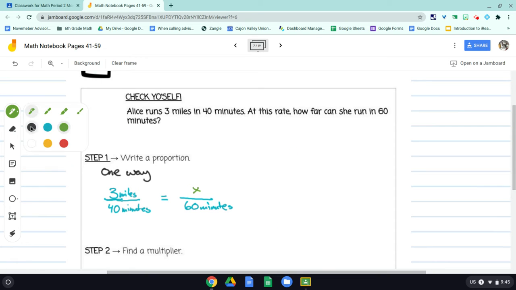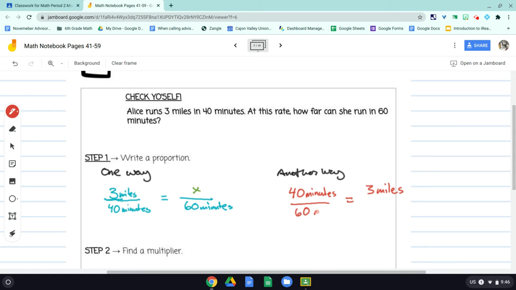Another way of doing the same exact proportion, writing this the same way to get the same answer, you could write it like this. You could say that she ran, let's do this, hang on one second. She ran 40 minutes, and she ran 3 miles.